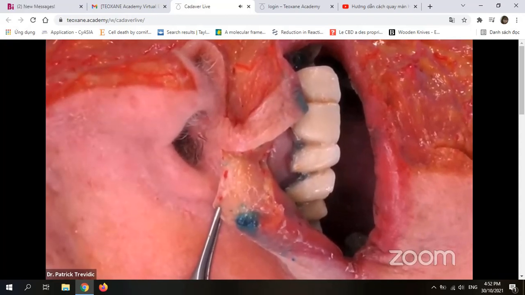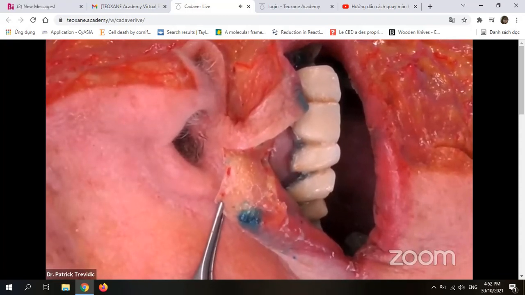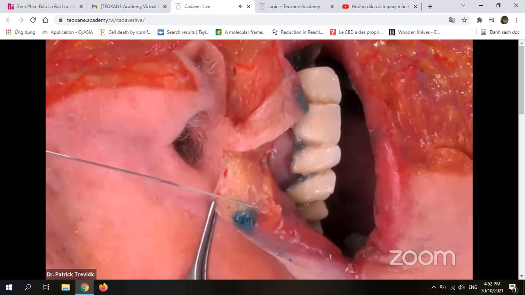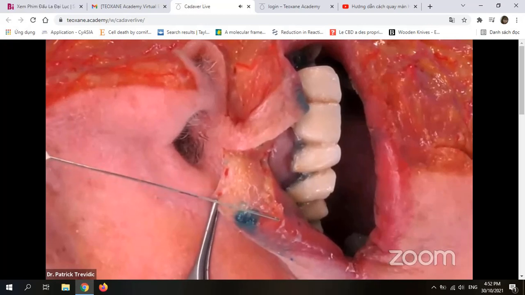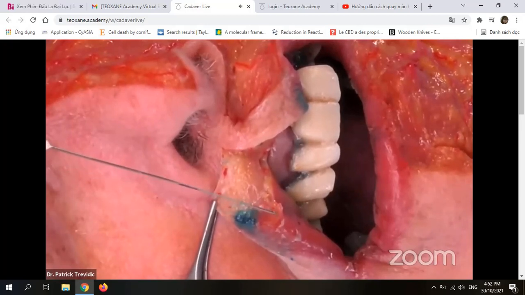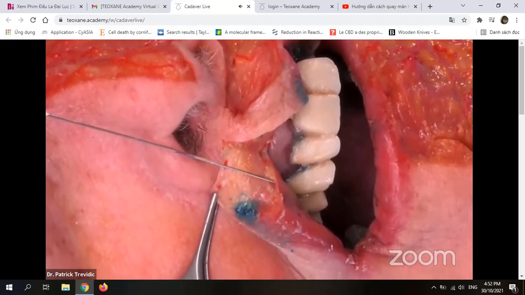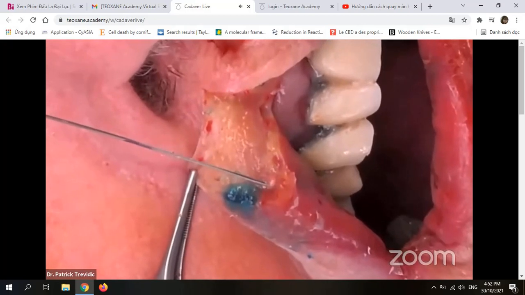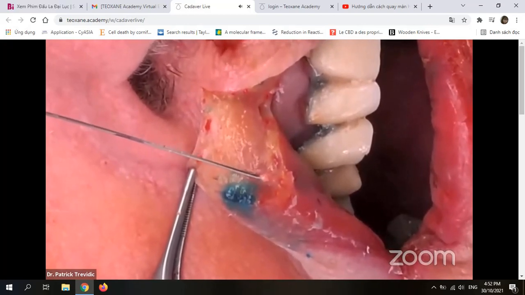Then you have here at the center, but on the mucosal side here, just here at the junction between the red dry lip and the red wet lip, you get just here the artery. This is a small artery.